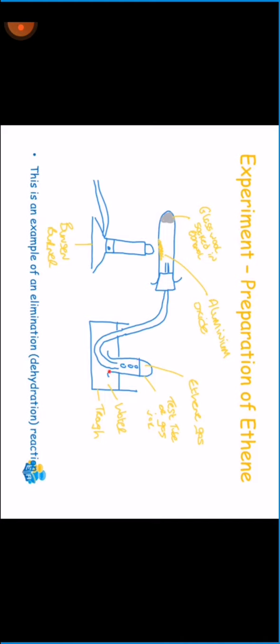This test tube is completely filled with water, and the ethene collects here by a process called the downward displacement of water. You would complete this process in order to collect a few test tubes of the ethene gas to test them for their properties. This is an example of an elimination reaction and can often be referred to as a dehydration.